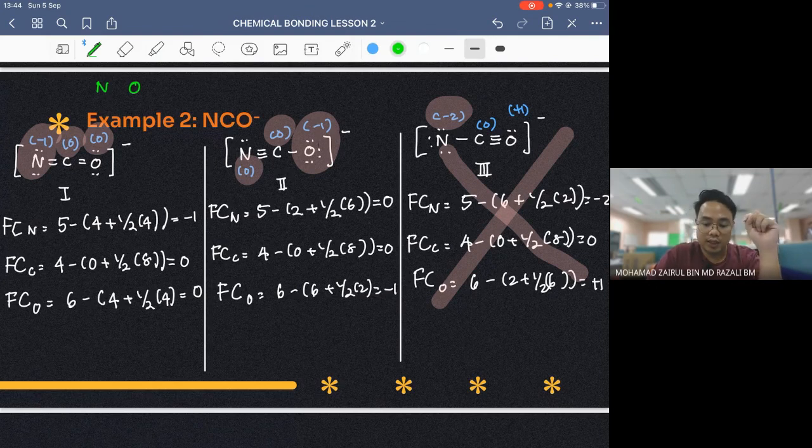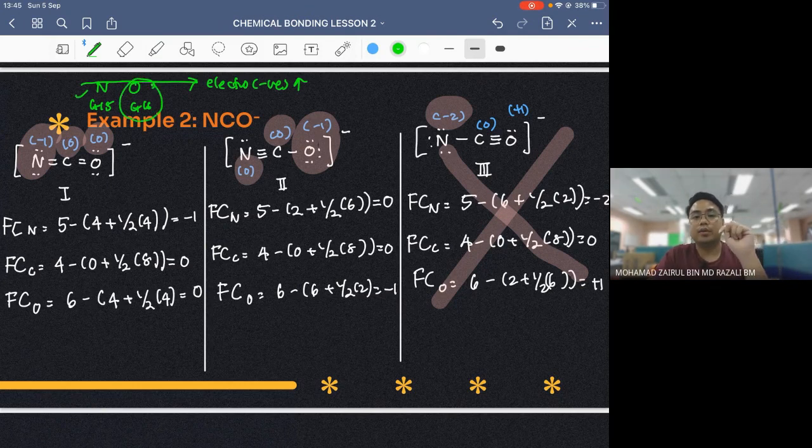Nitrogen is group 15, oxygen is group 16. Across a period, electronegativity increases. So that means oxygen is more electronegative than nitrogen. So if you look at structure 2, the negative formal charge is located on the oxygen, which is the more electronegative atom. That is why structure 2 is the most plausible structure.